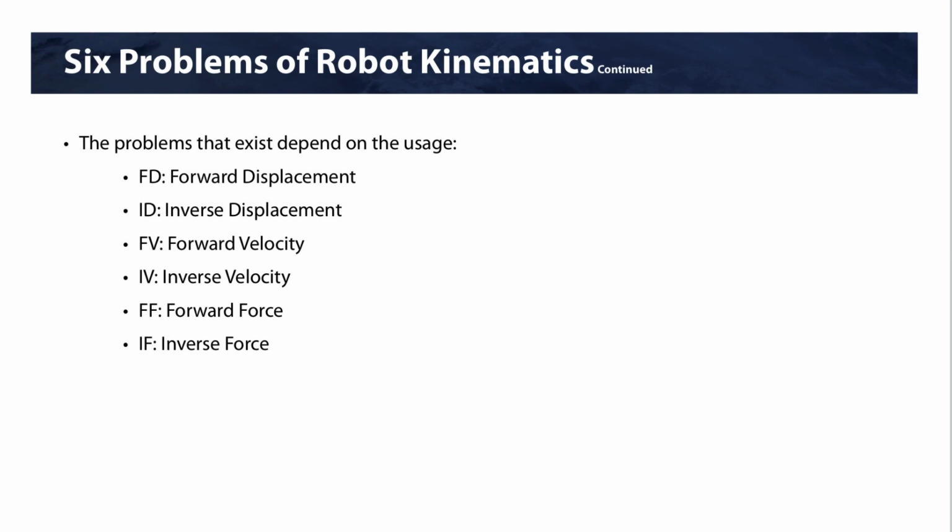And it's important to note that here, when we talk about kinematics problems, we're talking about the static force problem. Dynamics forces will be in a different module. So in this case, we have our forward force and our inverse force, or FF and IF. So in the next series of videos, we're going to look at examples of each of these problems for that 3R planar robot.